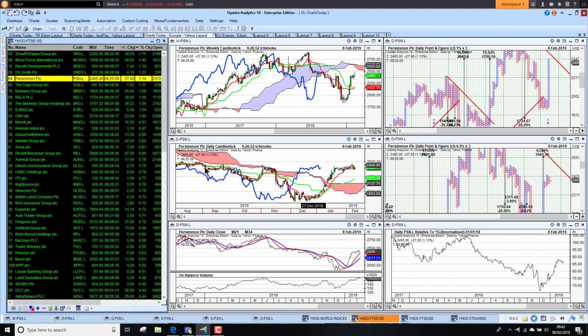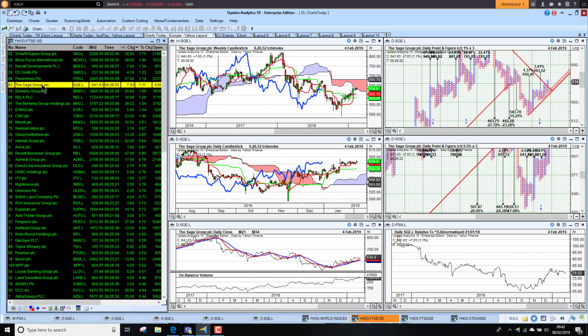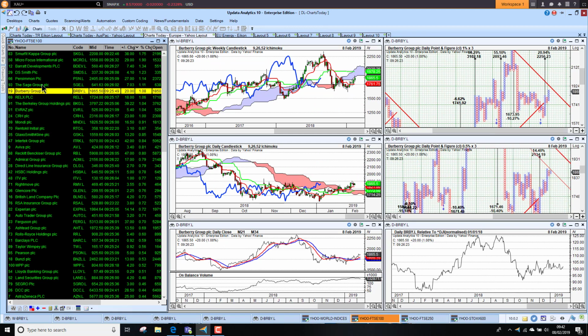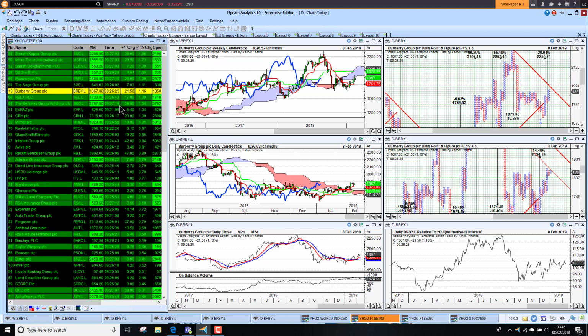We can see it making that medium-term recovery. Sage, similar picture after a bad year last year, just starting to come through on the medium-term chart. And Burberry also not quite through yet, but we are seeing some recoveries. Long-term support being met. Medium term, we're breaking through to bullish. The relative not quite as strong as we'd like to see, maybe.